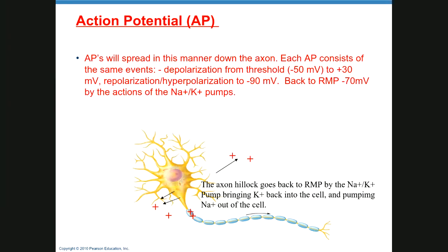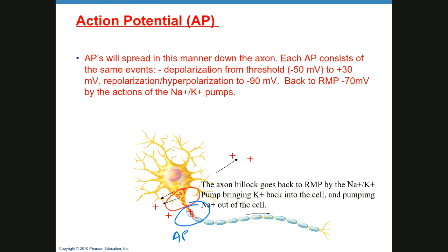Okay, so let's go back to the positive charges that are depolarized in the axon hillock, creating the action potential. Those positive charges continue to travel down the neuron, and as the action potential begins to diminish at the axon hillock, as the cell begins to attain resting membrane potential again, the charges have traveled to the next portion of the axon, and an action potential will begin at that portion.